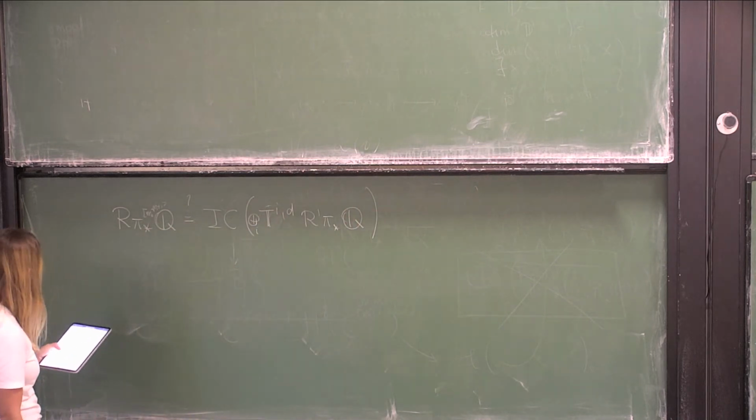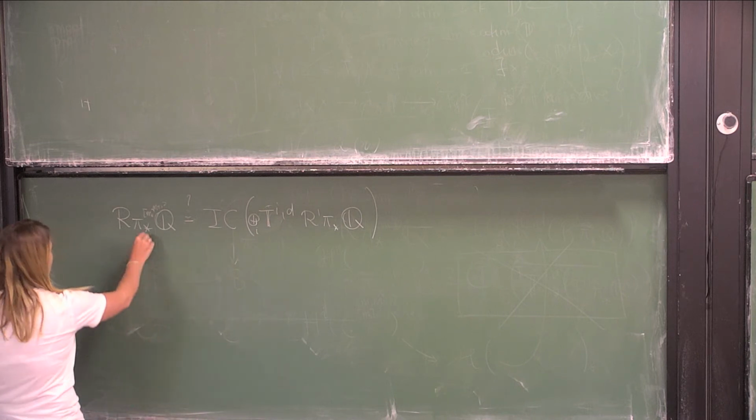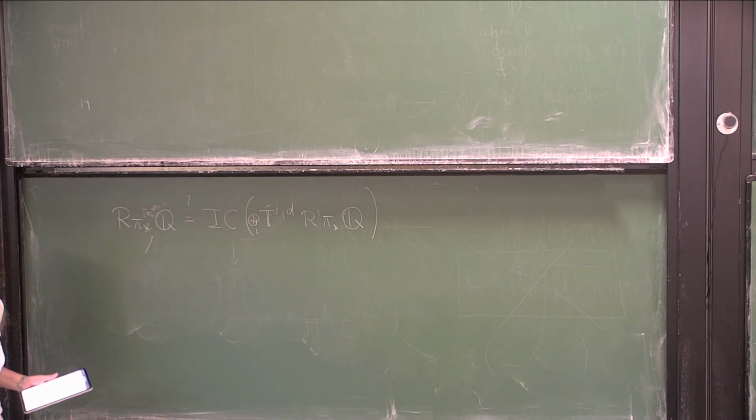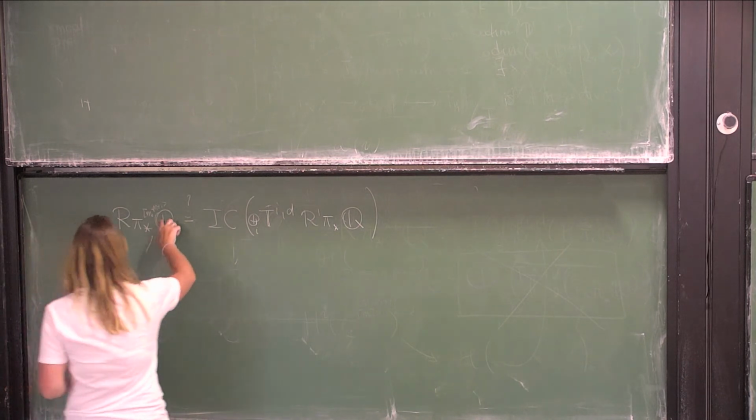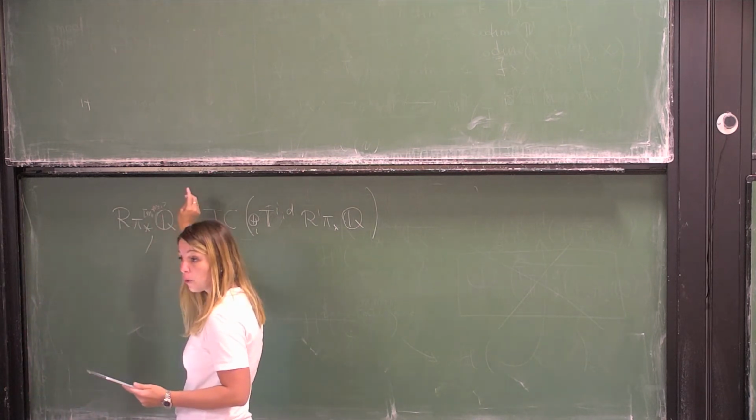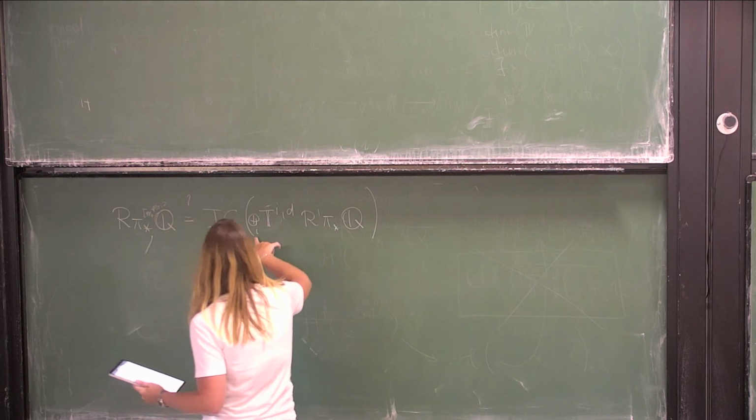So we want to remember that when we take the stalk, this computes the cohomology of our singular curve. If we don't take the stalk, it computes the cohomology of the total space.